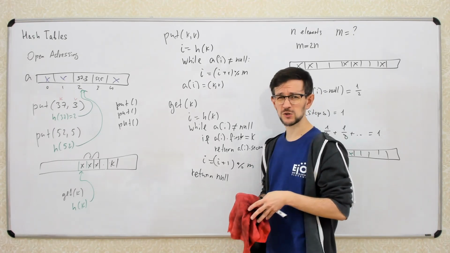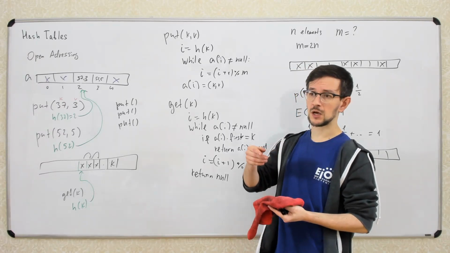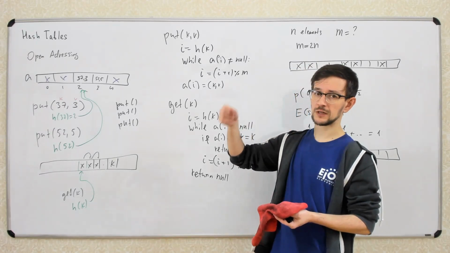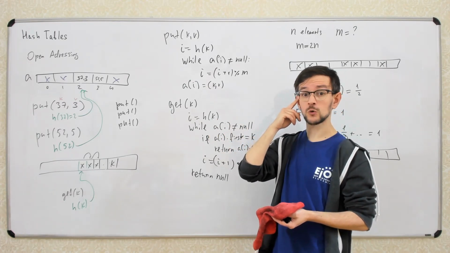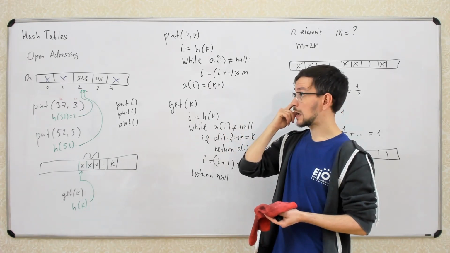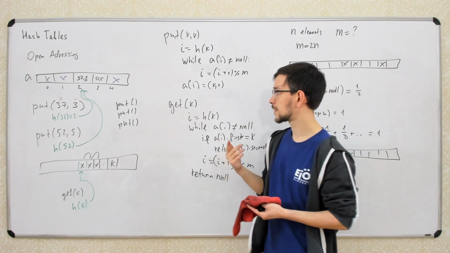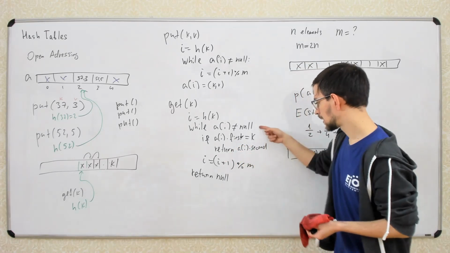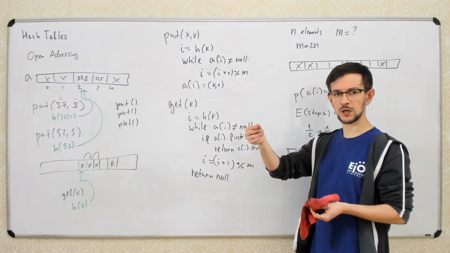Also it's not good for caching. When you iterate over a linked list, you need to jump over the memory in random order, and it's not good for caching. If you use open addressing, it's very good for caching because you iterate over some continuous segment of your array.